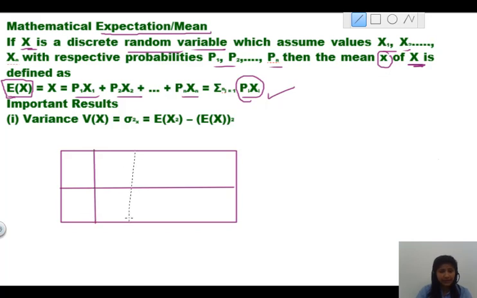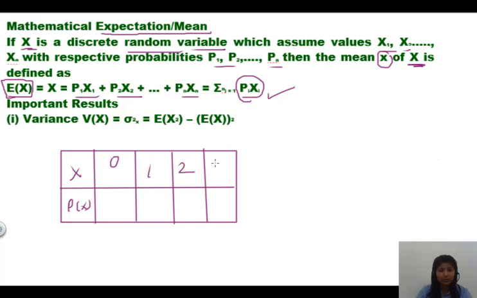Here we will write x and p(x), with x equal to 0, 1, 2 and 3, where x was the number of heads. The probabilities were 1 by 8, 3 by 8, 3 by 8, and 1 by 8.